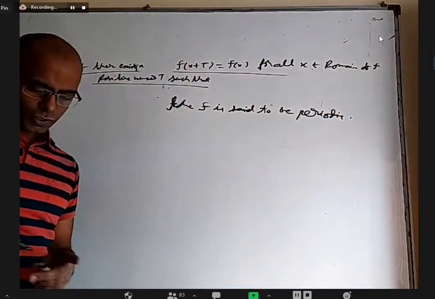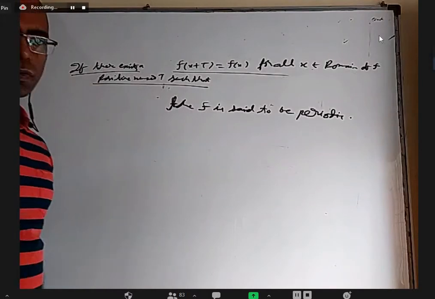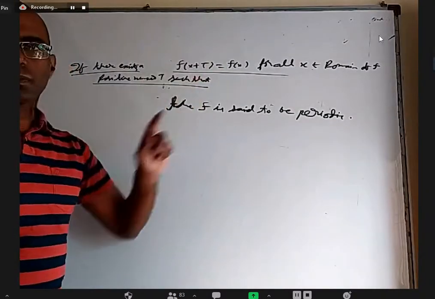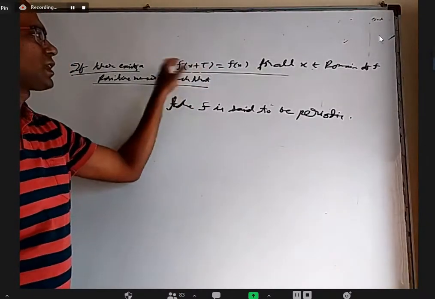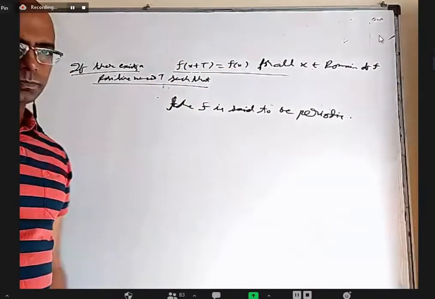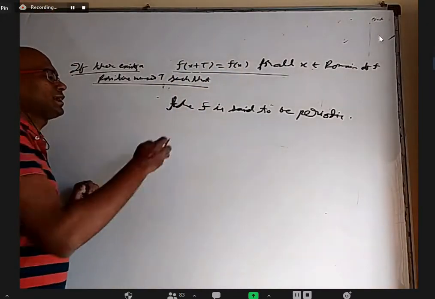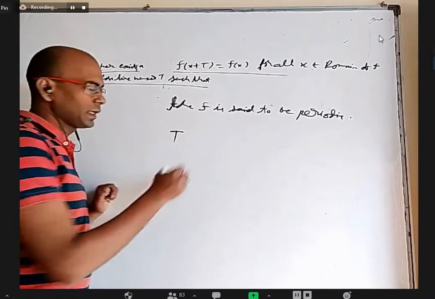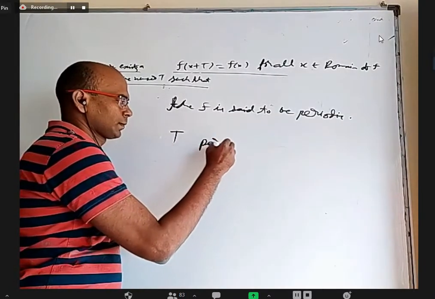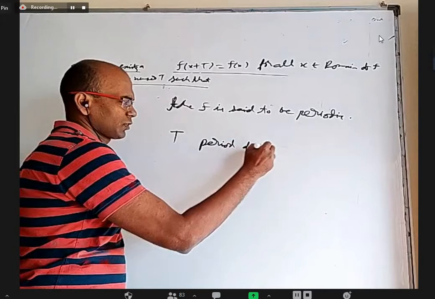So when we call a function periodic, we should think of a positive number t. When you replace x with x plus t, you get the original function back. And that t is called the period of the function.